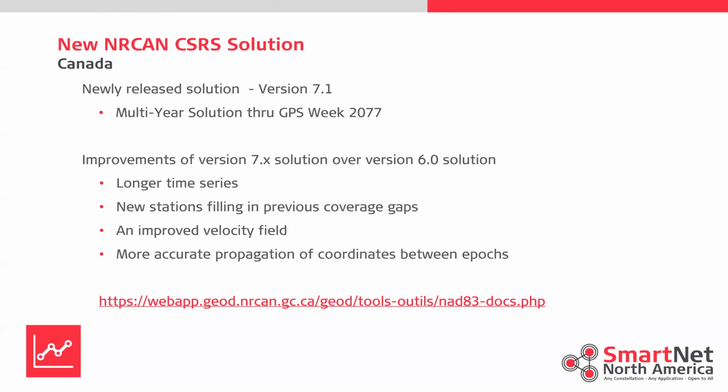Yes, all stations in SmartNet will have new published values, both for version 7.1 in Canada and NAD83 2022 in the US. All of the station coordinates will be updated both on the portal as well as in all the products that are being delivered. Along with that, all of the old version 6 or the old solutions will be shown as superseded in the portal.